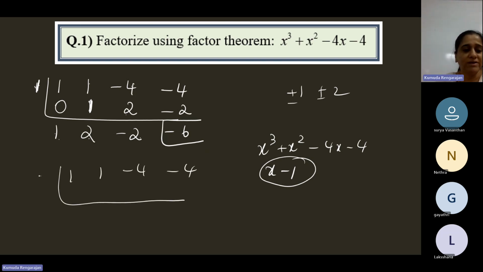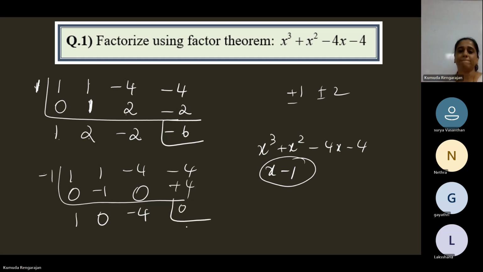Okay, so take minus 1 here. Always put a 0 here. 1 and 0 is 1. 1 into minus 1 is minus 1. 1 minus 1 is 0, right? Minus 1 into 0 is 0. Minus 4 and 0 is minus 4. Minus 1 into minus 4 plus 4, 0.